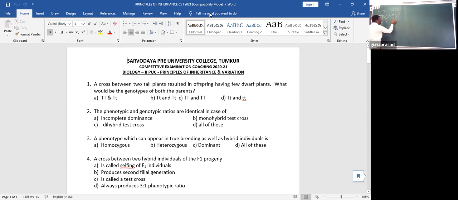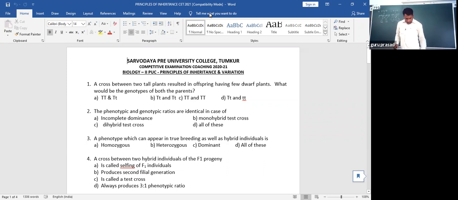So here the first three are tall. Okay, as a phenotypic representation, they are tall. Whereas the first one is pure tall, two of these are heterozygous tall, and one is dwarf. So hope you got the answer. Answer is B, option B.